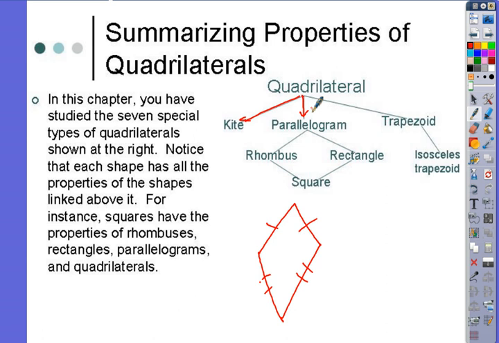Rectangle, someone already said, with a rectangle, well, actually we didn't say. The diagonals in a rectangle are what? There's a lot of stuff going on here. Okay, what about the diagonals in a rectangle? I know I'm kind of putting you on the spot.